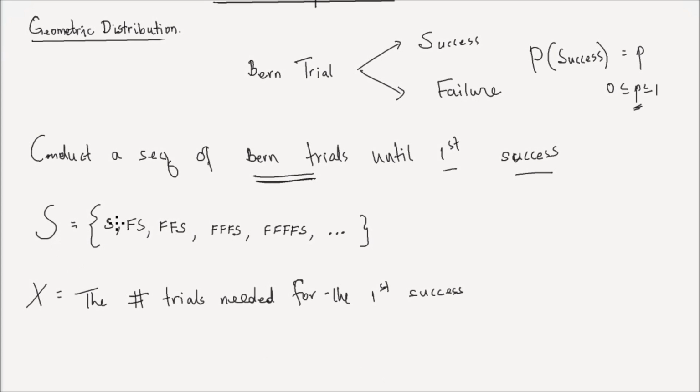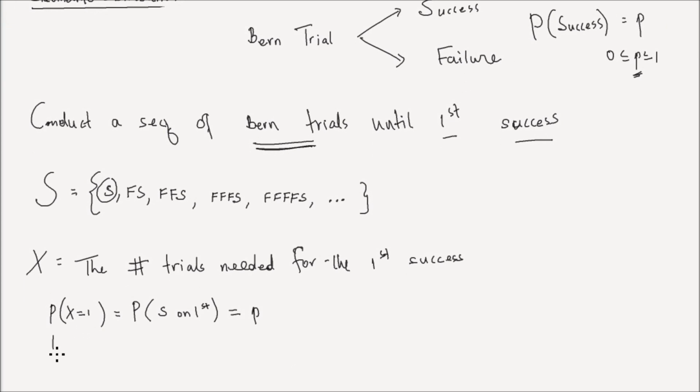If you look at the first element of the sample space, S, the number of trials needed for the first success is 1. Therefore, X is equal to 1 if you observe a success on the first trial. Therefore, the probability that X is equal to 1 is equal to the probability of observing a success on the first trial. And the probability of observing a success in any trial is P. Therefore, the probability that X is equal to 1 is equal to P.